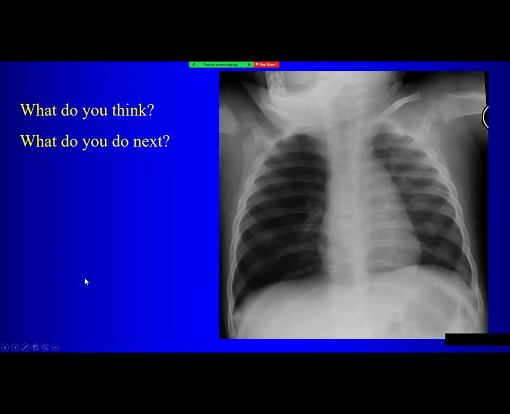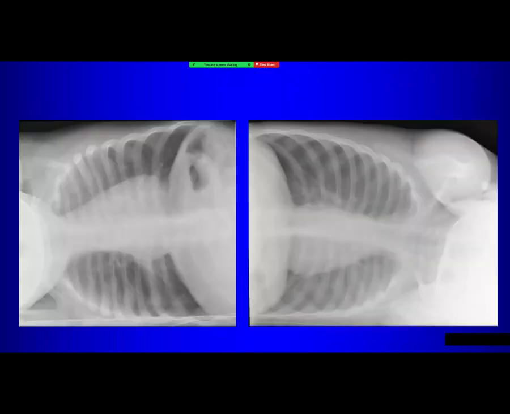And what do you expect to see on a right lateral decubitus view? It stays inflated. Stays inflated, right. Ideally, you would want to get expiratory views, but children are not going to be able to follow directions. So we do decubitus views, which simulates expiration on that side. Here's the right lateral decubitus, here's the left lateral decubitus.